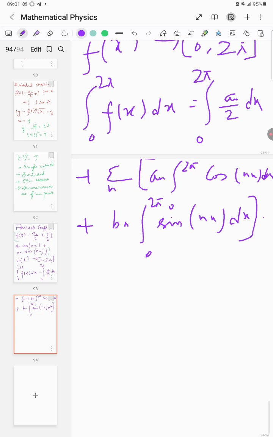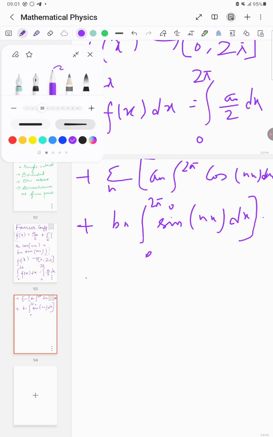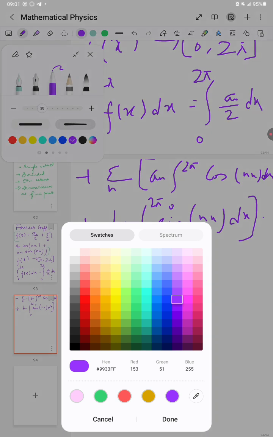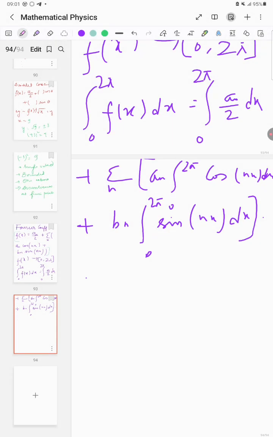so now let us look into the terms one by one. The first term on the left hand side is this, right?